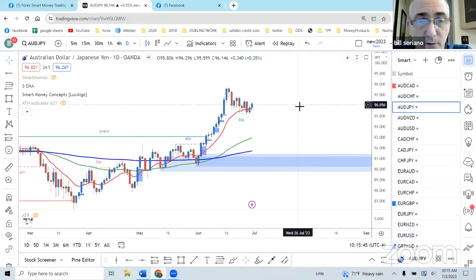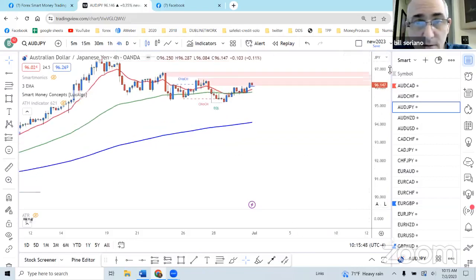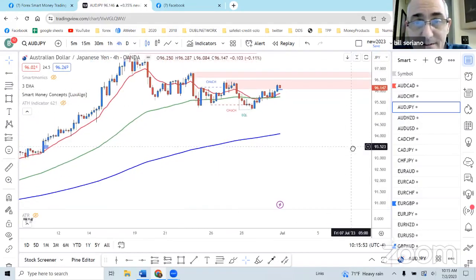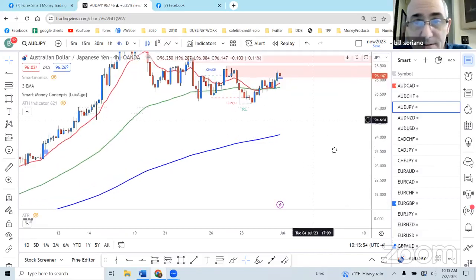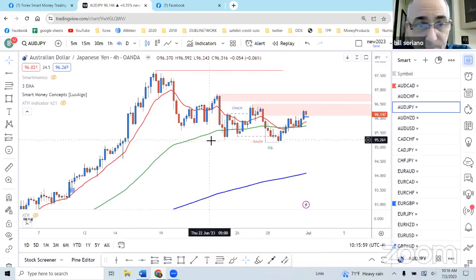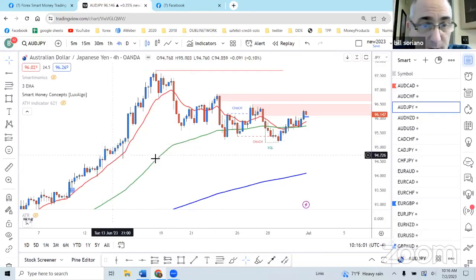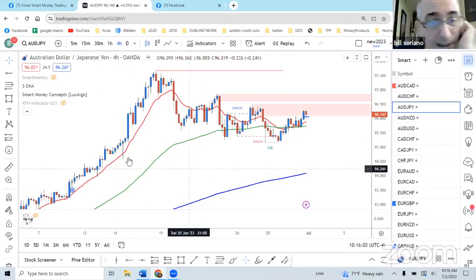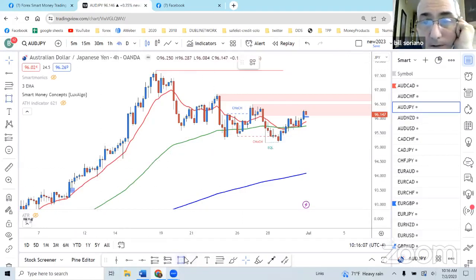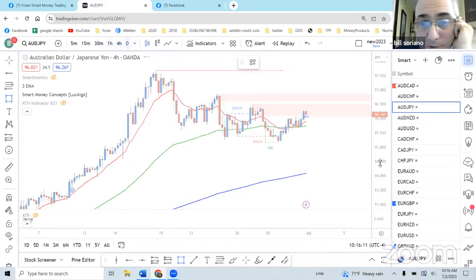Okay, we got bullish order flow here on the daily. The 4-hour is also bullish, flagging down here nicely. It's giving us these bearish order blocks here that I don't like. So I don't really see an area that I like here. Let's see here. One more time, let me make sure I'm looking at this right.